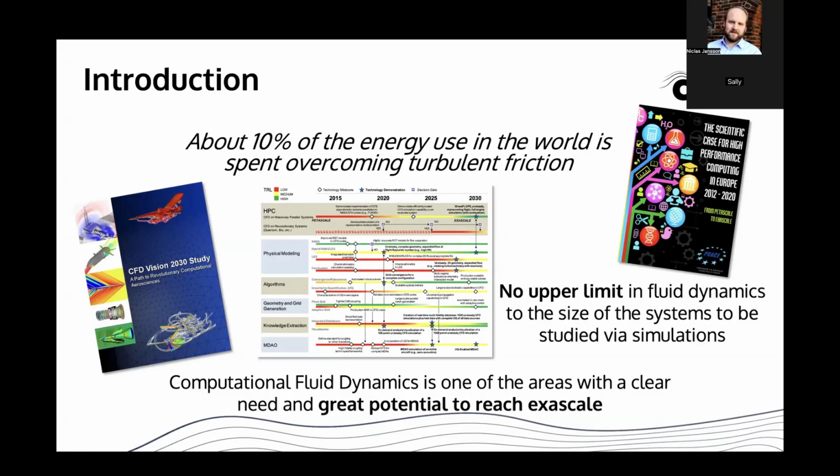This has been highlighted by Trace, and it has been highlighted by NASA. And the interesting thing with CFD is that, compared to other scientific fields, we are not limited by the size of the system. We can still add a lot of grid points and we get more and more science out of our simulations. This is why CFD is one of the areas with a clear need and a great potential to reach exascale.